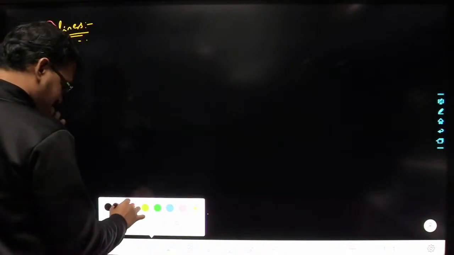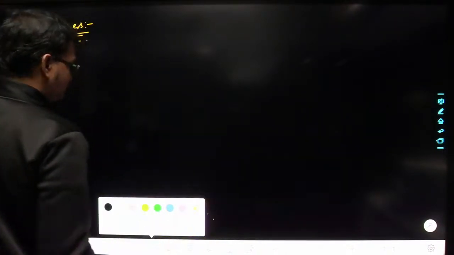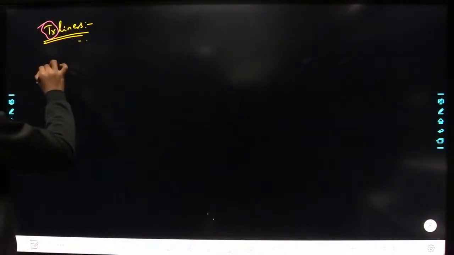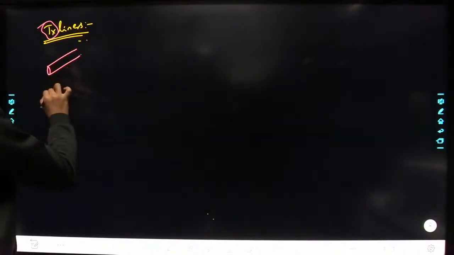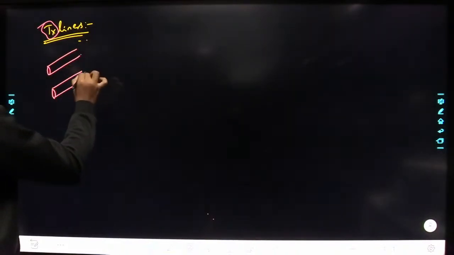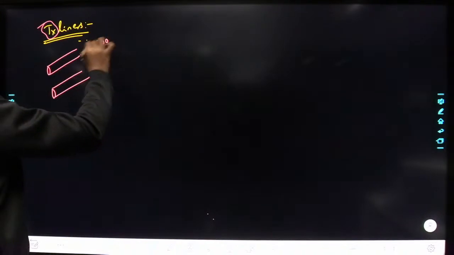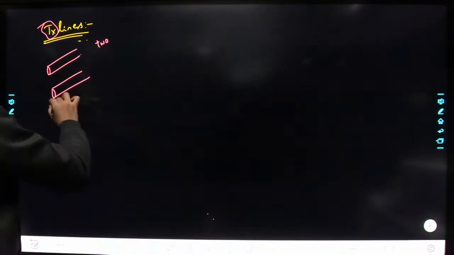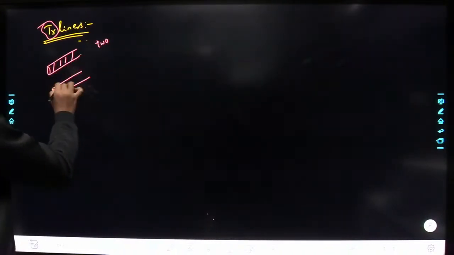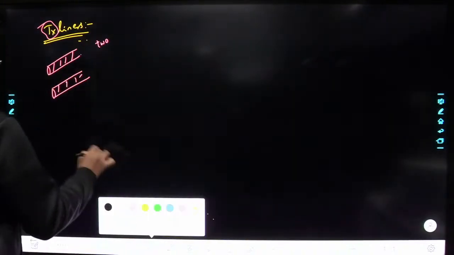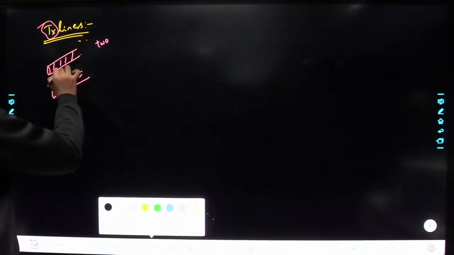Now here we have seen different types of transmission lines. We have considered two conductors separated by some dielectric medium.